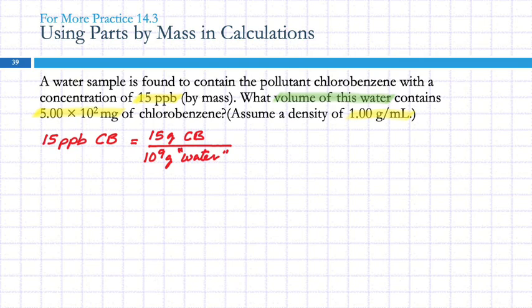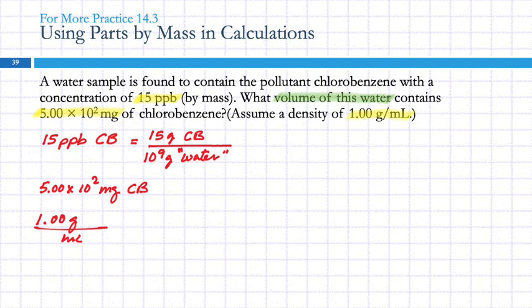Then we're also given 5.00 times 10 to the 2 milligrams of chlorobenzene, and we have a density of 1.00 grams per milliliter. Well, this is the density of the water.